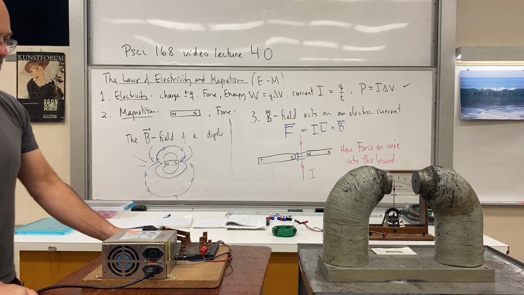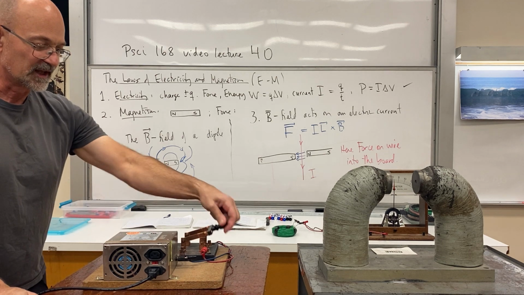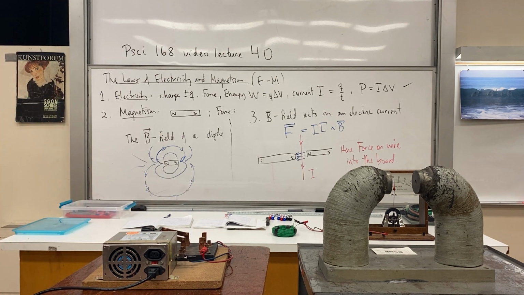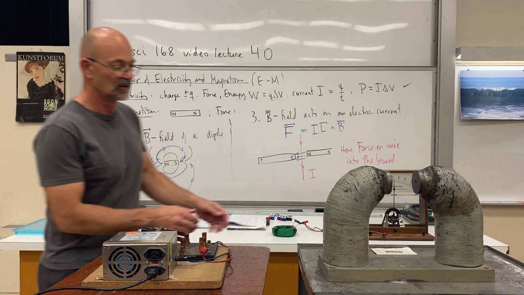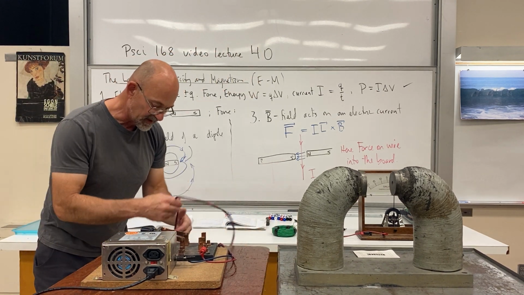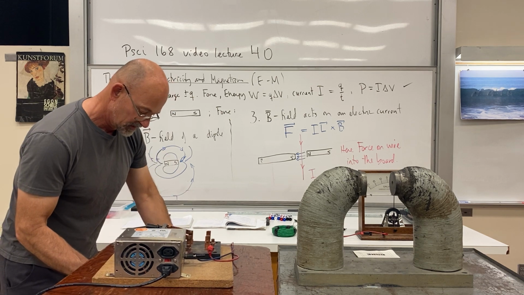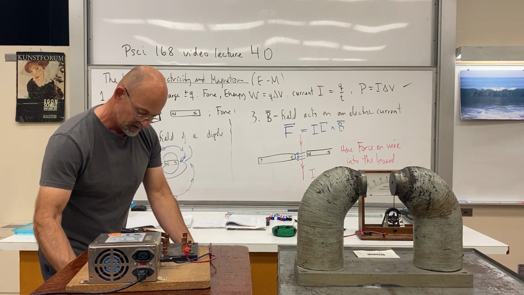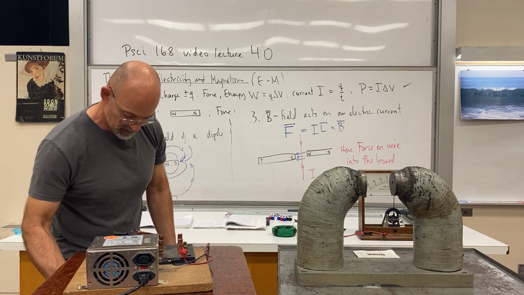I'll throw this big old switch and I'll get a current. I'll show you in a moment. Okay, so here's what we would do together and actually feel; I'm just going to have to indicate to you.